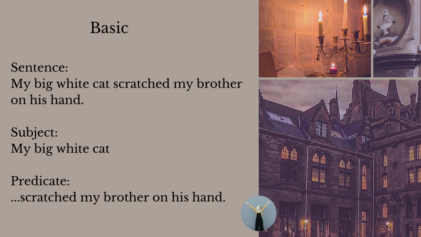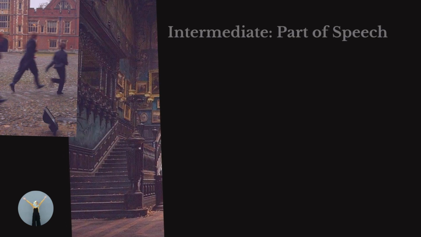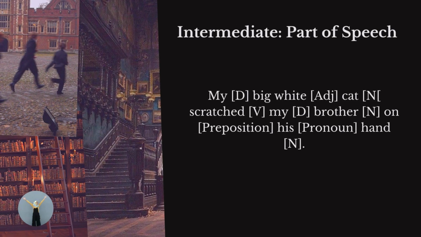So now let's go to another level. Before I start telling you what exactly X-bar theory looks like, let's go for an intermediate level and talk about parts of speech. When we see the sentence, we start to recognize what word class each word is.